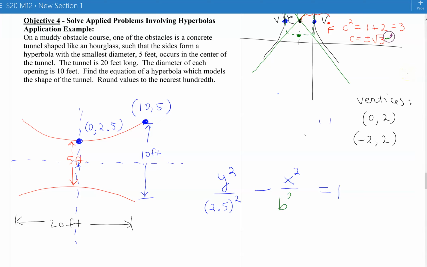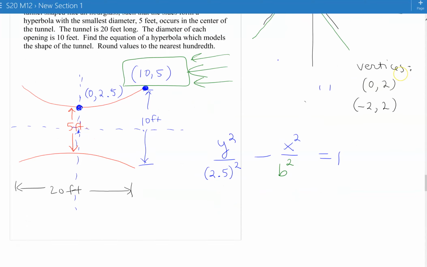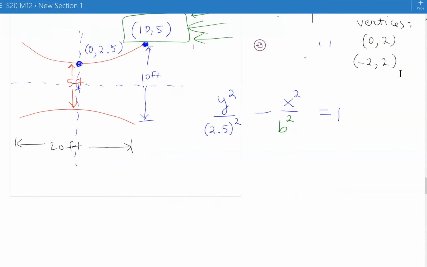So I need to figure out this denominator under the x squared term. But I haven't yet used this piece of information that the point 10, 5 is on this hyperbola. So the point being on the hyperbola means it has to make the equation true. So when y is 5 and x is 10, this equation has to be true. So that's going to make it so we can solve for the b squared.